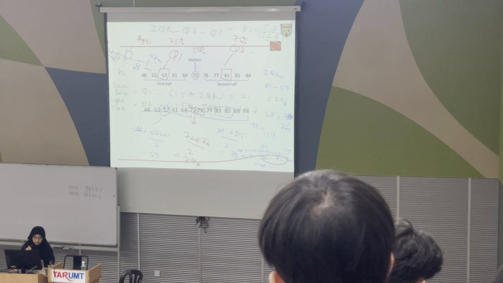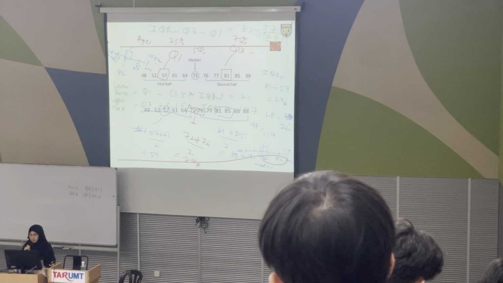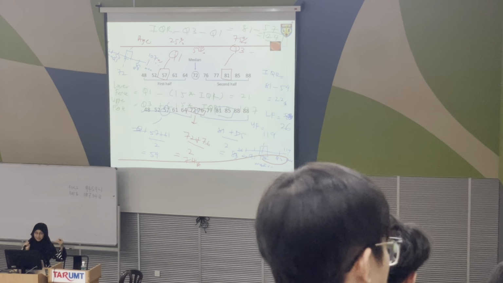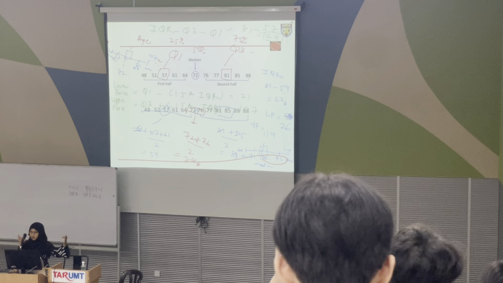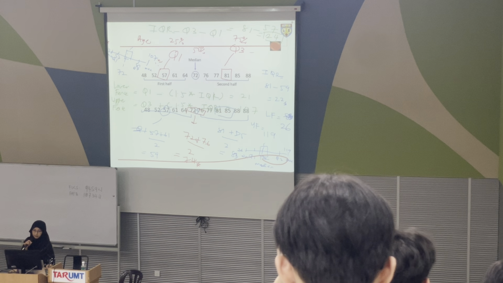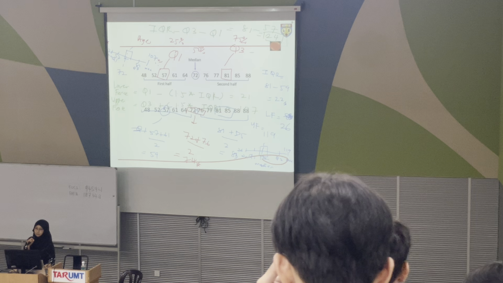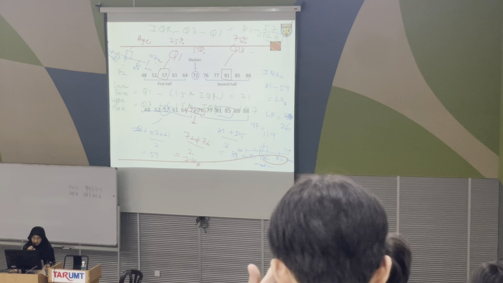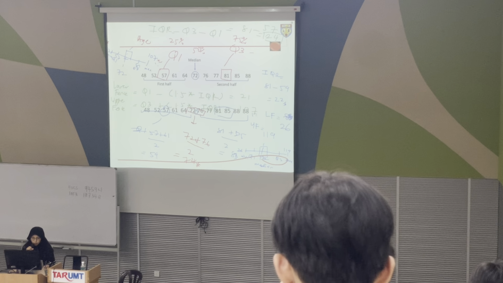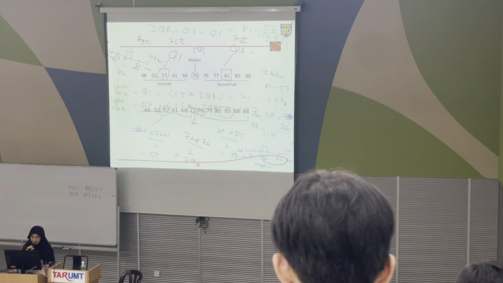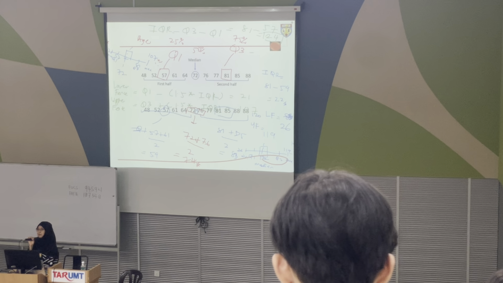Based on these 12 data points, there are no outliers, because all these 12 records, from 48 until 88, fall within the whisker. So this area is what we call the whisker. If you have a data point that is 120, for example, it is outside, and so 120 is considered an outlier because it falls beyond the maximum value.